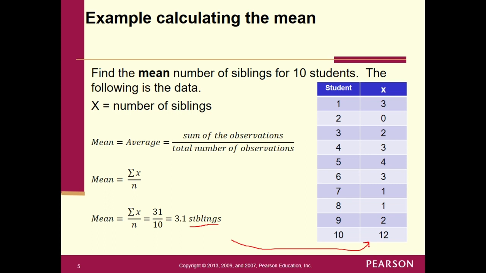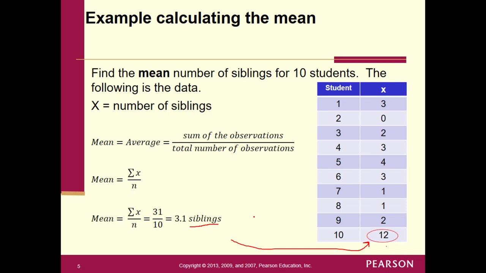And back in the 50s, maybe even the 60s, it wasn't all that crazy to hear that somebody had 12 siblings. And so what would that be considered? That would be considered an outlier, an extreme value. We had that quick little discussion with regards to outliers and identifying them with the graphs. Certainly we can see it here.